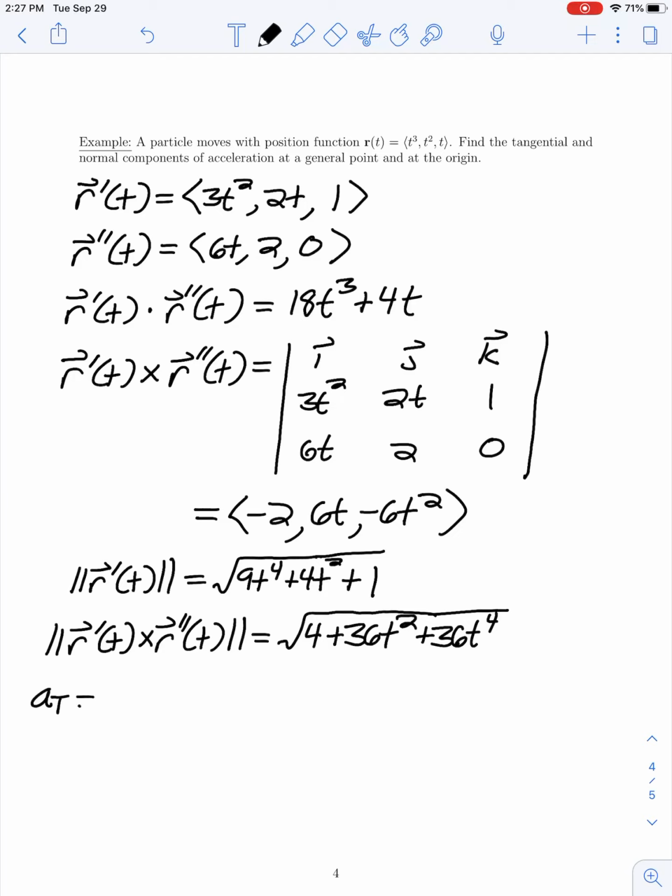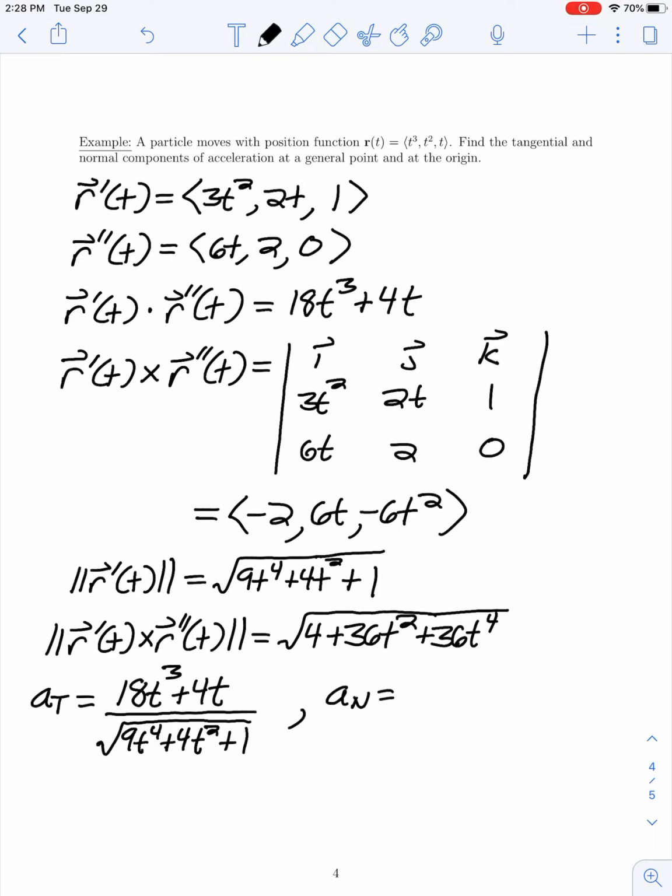Again, the tangential component of acceleration was given by the dot product of r prime and r double prime, which we found to be 18t cubed plus 4t, over the magnitude of r prime, which was the square root of 9t to the fourth plus 4t squared plus 1.